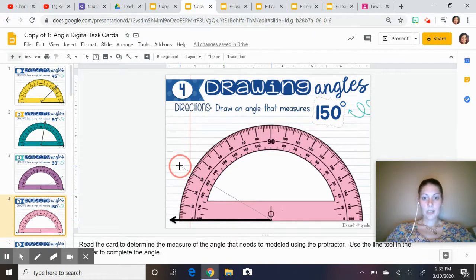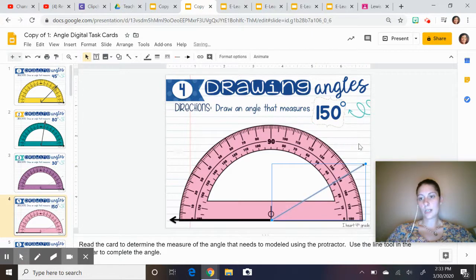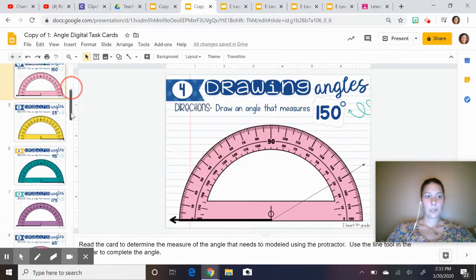But if you notice, that is an acute angle that is way smaller than 90 degrees. So that angle actually would measure 30 degrees, not 150. Our 150 is going to be way over here because 150 is almost a straight line, and a straight line measures 180 degrees. Okay, so this would be our 150-degree angle.